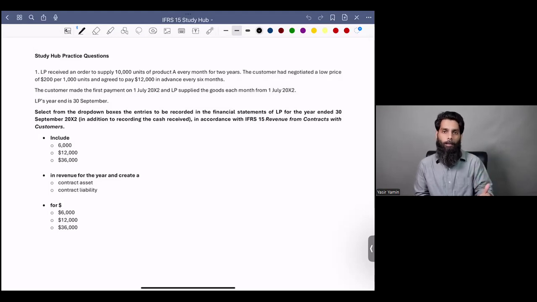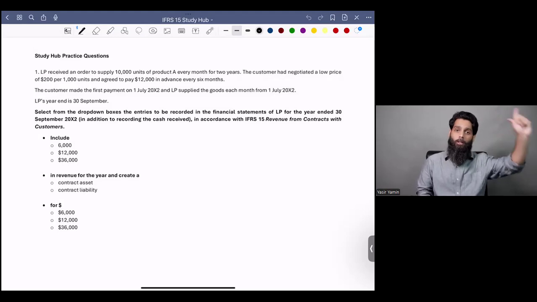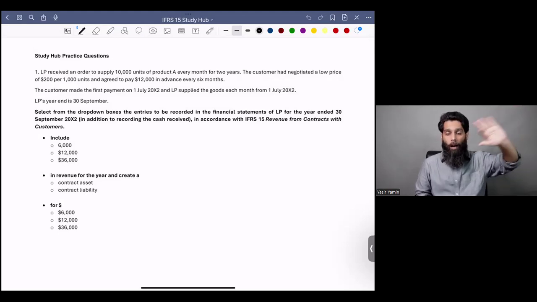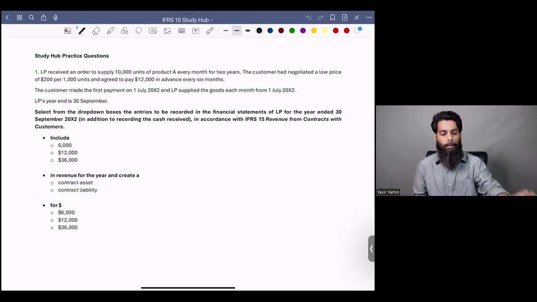IFRS 15 says there is a good possibility that when you provided a good or service to a customer right now, but you're asking for payment after 2 years or 3 years or after a delayed period of time, you must have provided a higher transaction price to the customer. And that particular transaction price would have also included the value of time. The value of time would have been embedded within the transaction price.